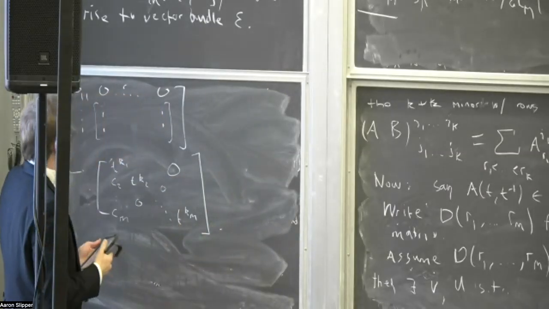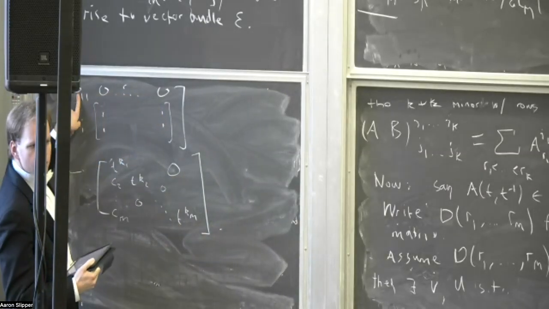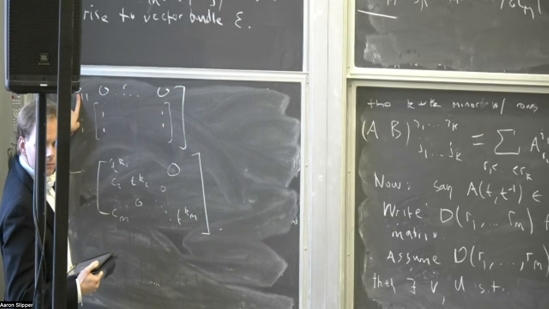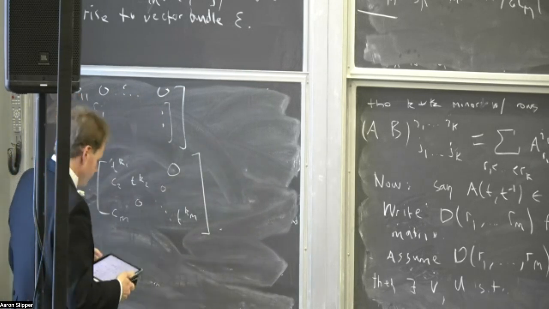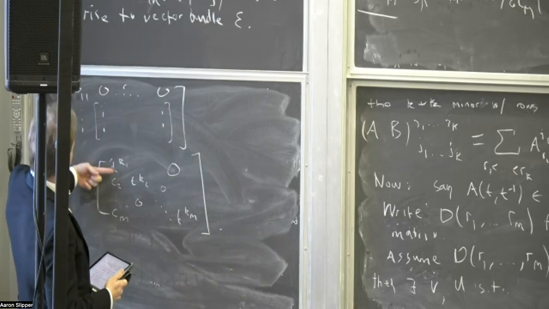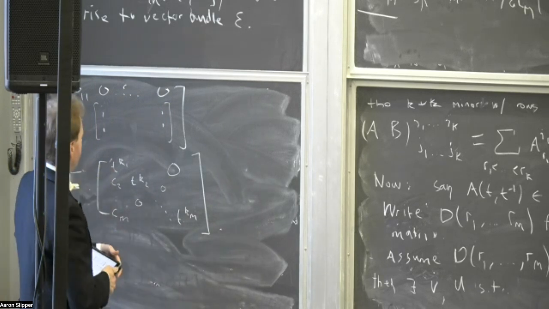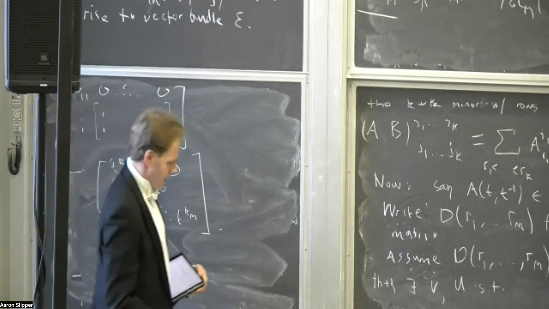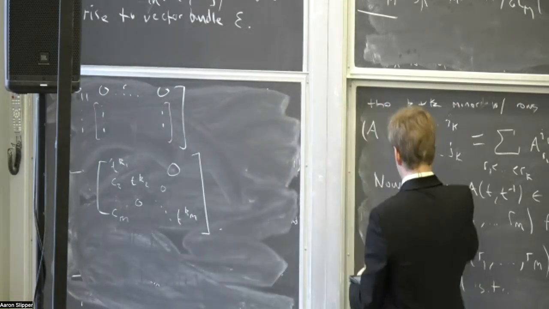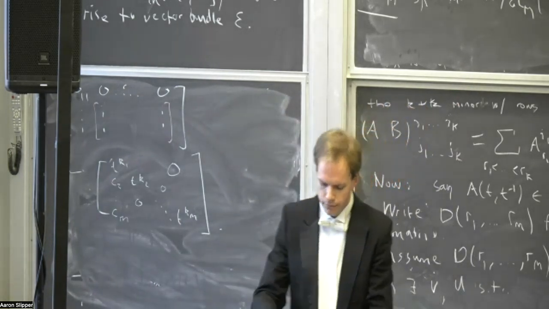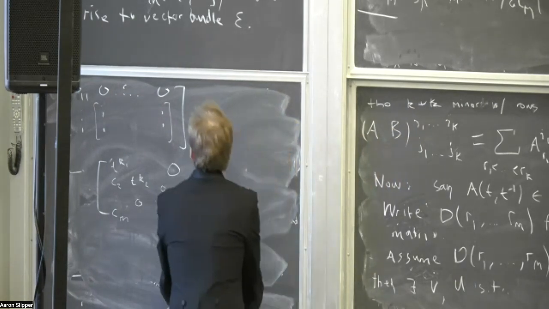So this is applying the inductive hypothesis and observing that B11 must be a power of t. So far, so good. Now the game is we're going to have to kill c1 through cm. So first things first, what can we automatically kill?